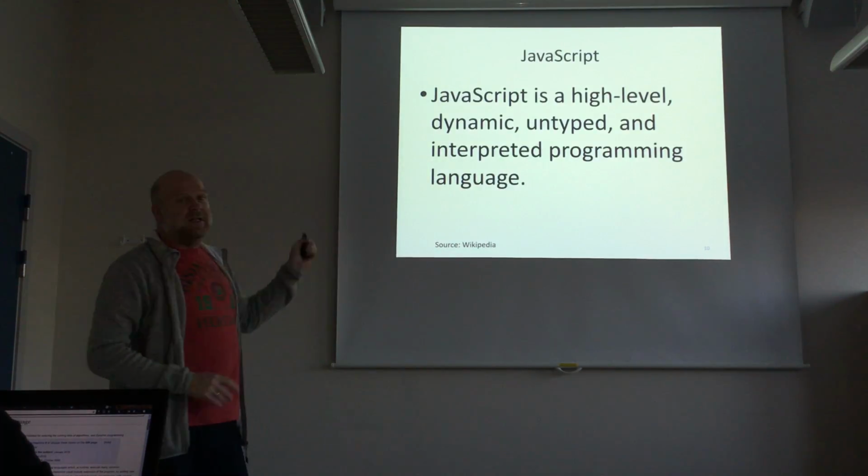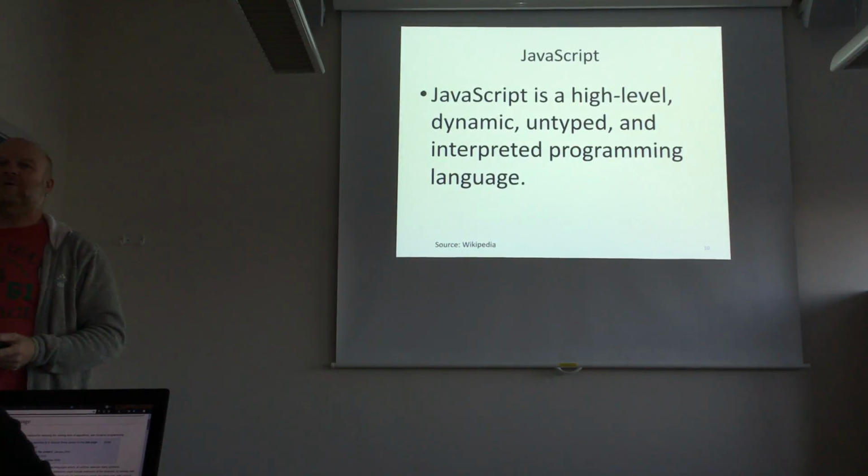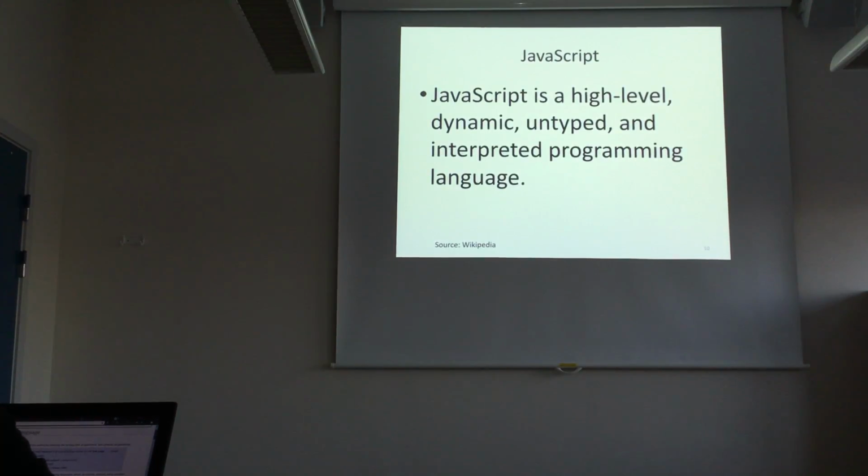So it's also because you can interpret it. You can postpone the checking of everything until, or actually it's always postponed until runtime. So you don't have any compiler. It's an interpreted language, so you don't compile JavaScript.